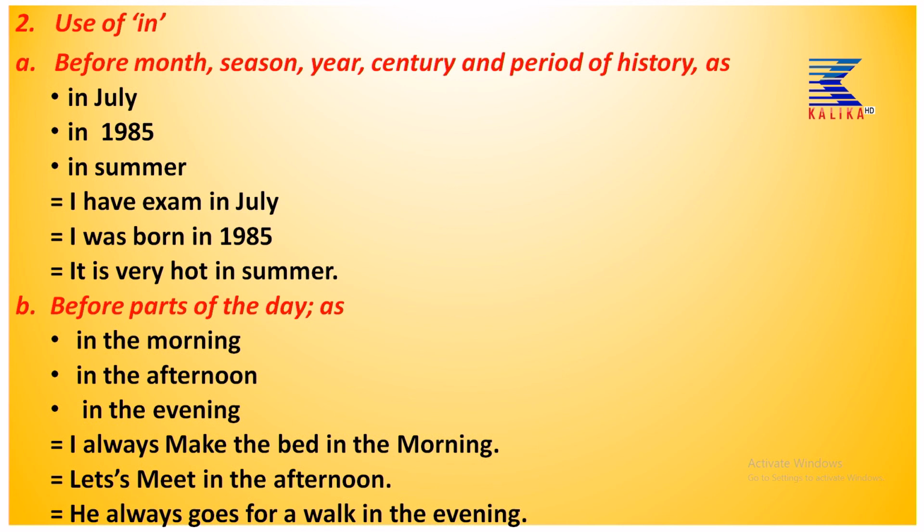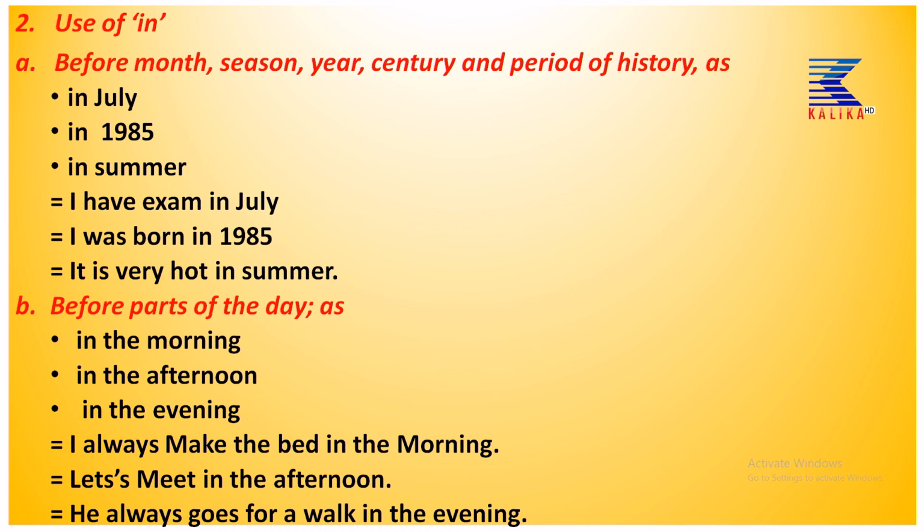So in a sentence, examples: I have exam in July. July is a month. I was born in 1985. 1985 is a year, children. So we use in. It is very hot in summer. Summer is a season.